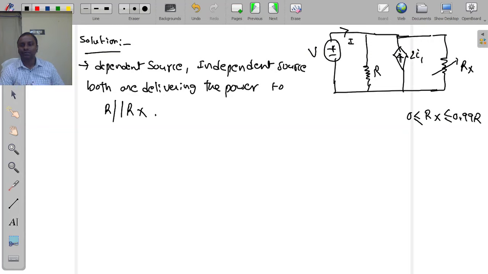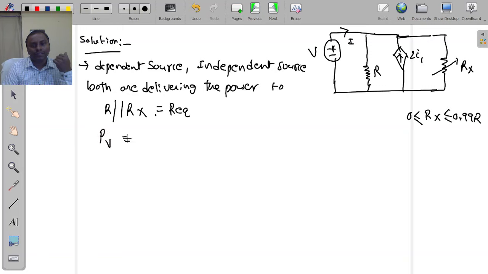Now the voltage source has to deliver the minimum power to this combination, which we call R equivalent. What is the power delivered by the voltage source?